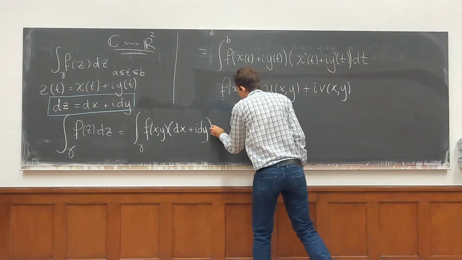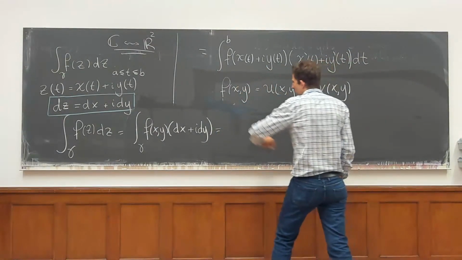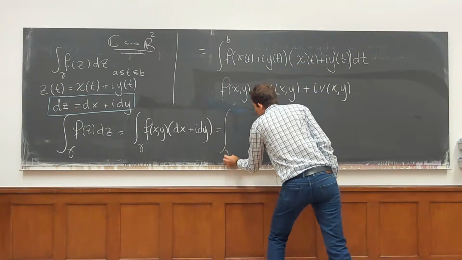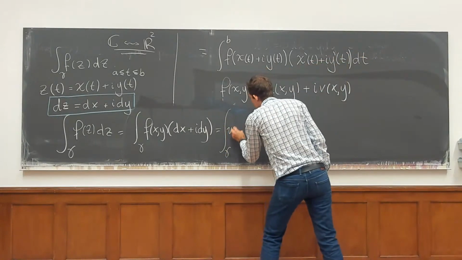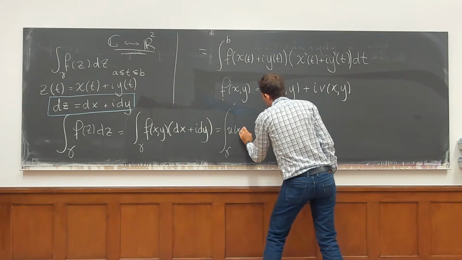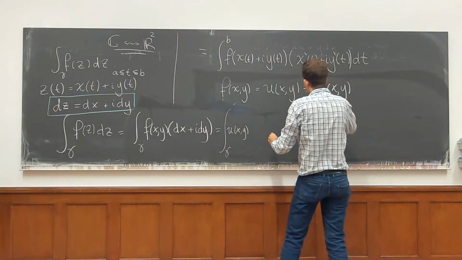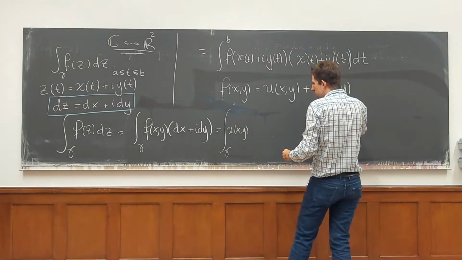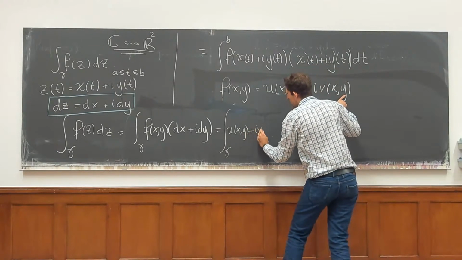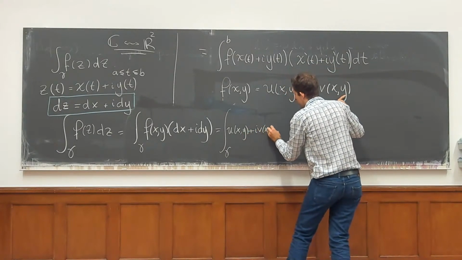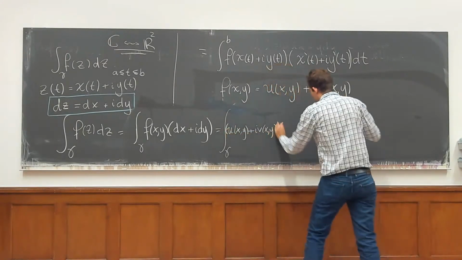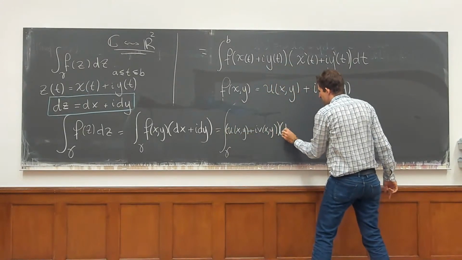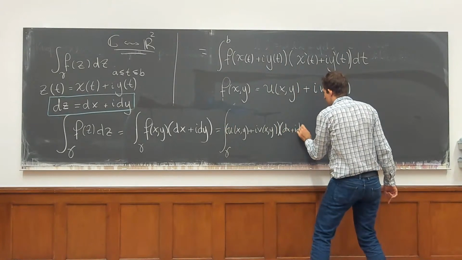So let's see what we get. Now I'm going to keep things without parameterizations, and I get this u(x,y) plus i v(x,y), now this times dx. Otherwise I won't have space, I won't expand for now.